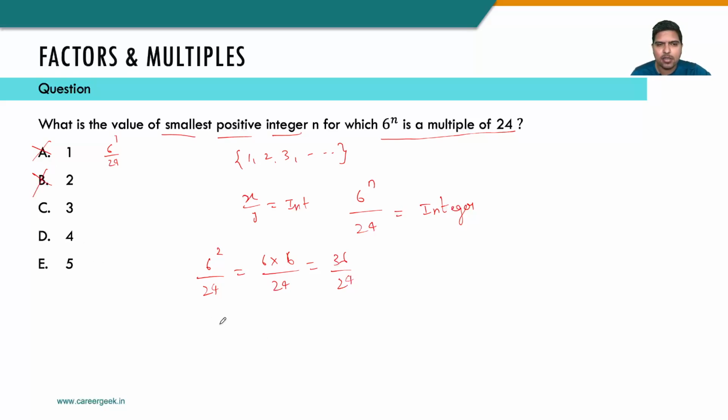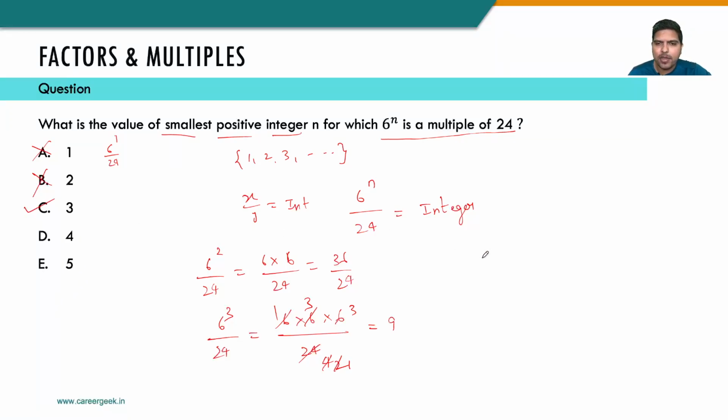The next is 6 cube upon 24, 6 into 6 into 6 upon 24. Let's try to solve. 6 fours are 24, and the 6 goes in the 6 table, so they cancel, and what gives us is 9, and this is definitely an integer.